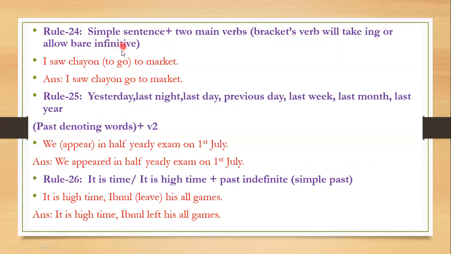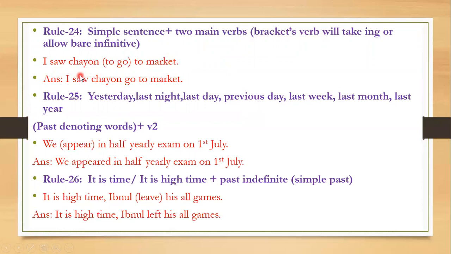Dear students, rule number 24. If you get a simple sentence and there are two main verbs, then the bracket verb will take ing or allow bare infinitive. That means you should remove to if there is to before the verb.